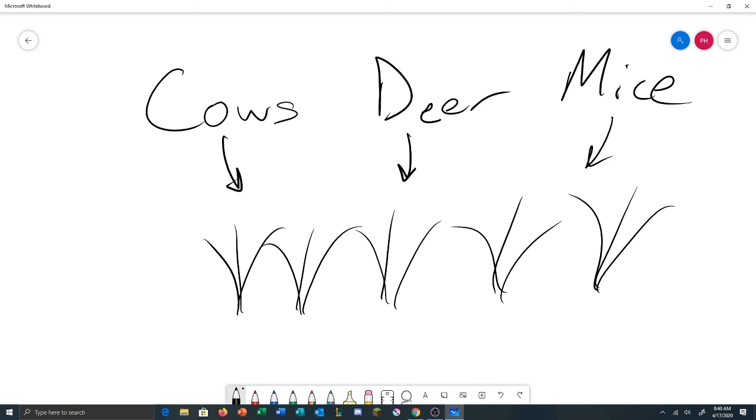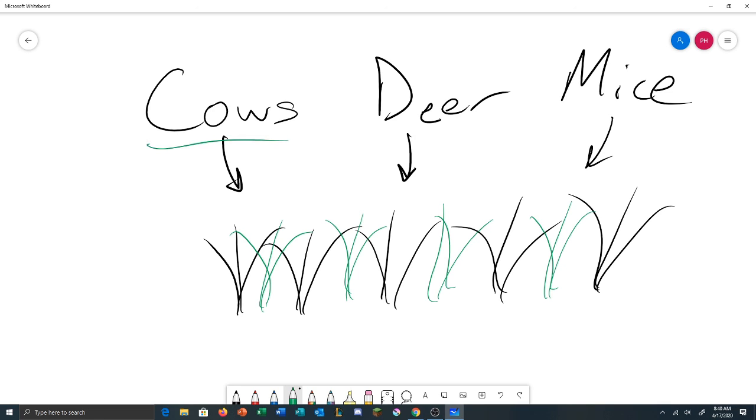The cows eat it, the deer eat it, the mice might live in it, they might eat it. But if all of a sudden more grass grows, great. Then there can be more cows, more deer, more mice.